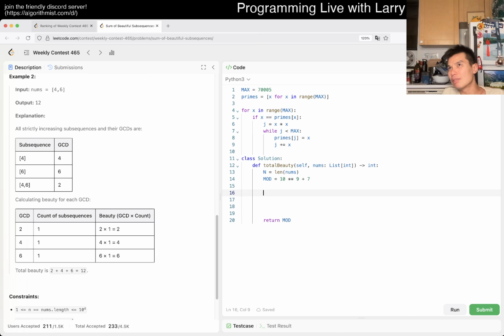But is that enough? Because we have to extend it out. Number of subsequent, it's not just the previous element. I don't know.